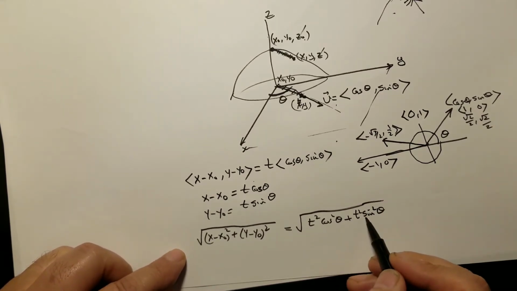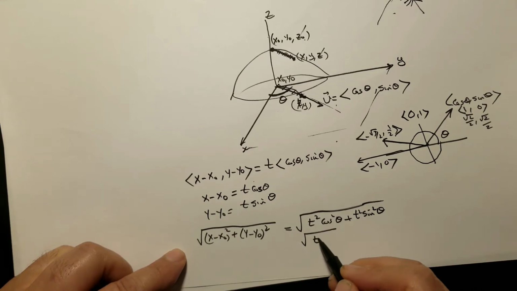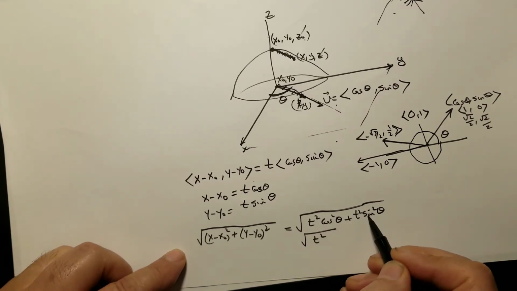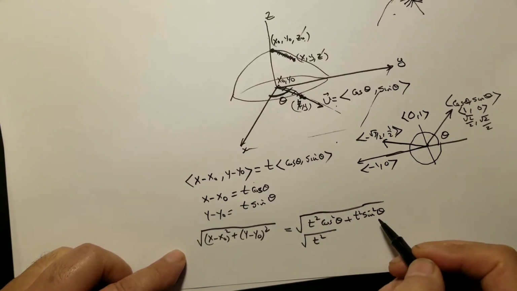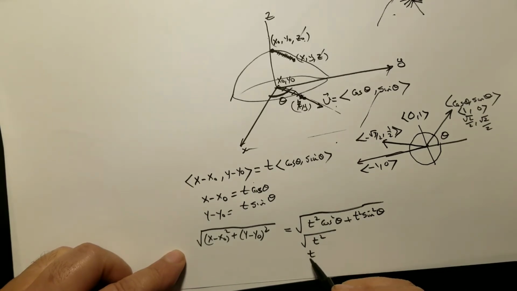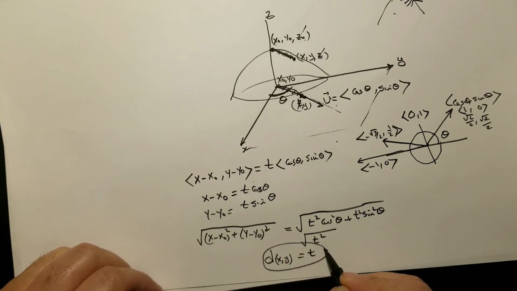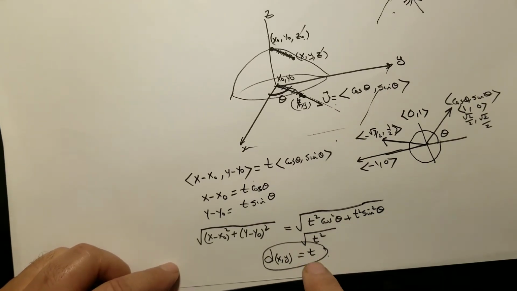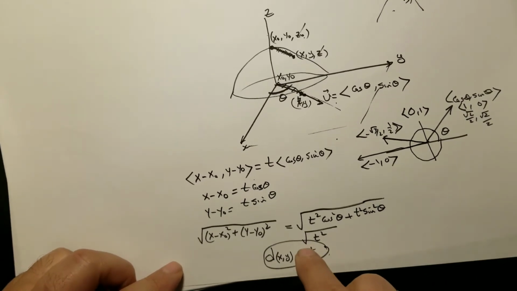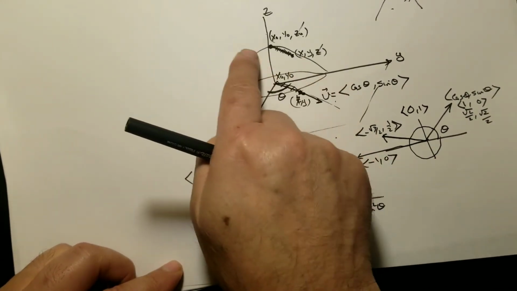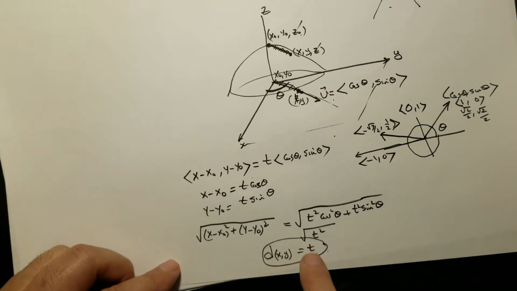If I factor t squared, you have sine squared plus cosine squared, and sine squared plus cosine squared is 1, and the square root of t squared is t. Therefore, the distance the painter is painting is a function of time.